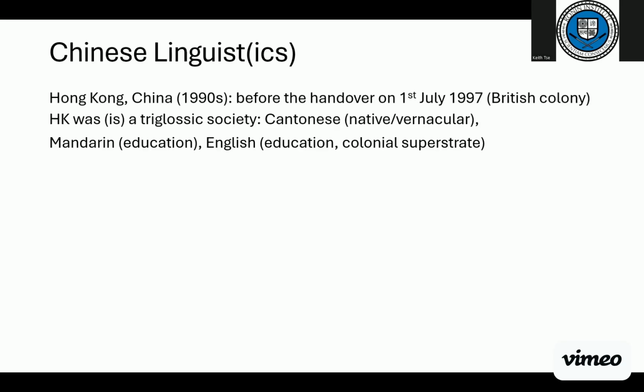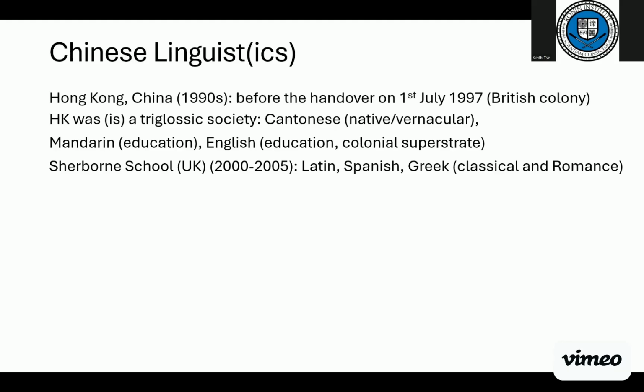And Hong Kong was, and still is, a triglossic society, which means that there were three main languages in use. So Cantonese was a native vernacular which everyone used. We learned Mandarin at school. It was the literary formal written version of Chinese that we learned. And then we also learned English because English was the colonial language.